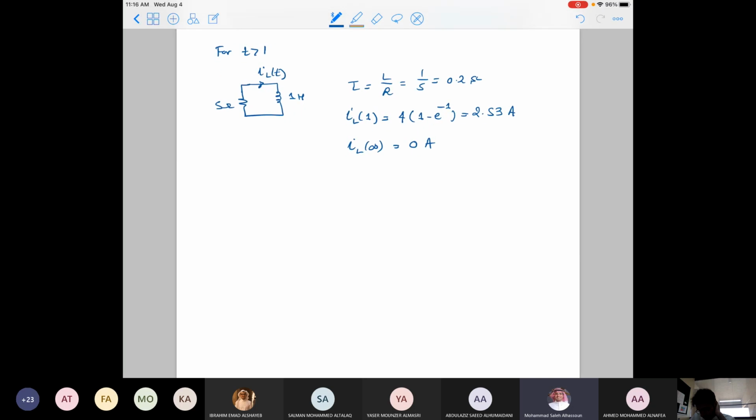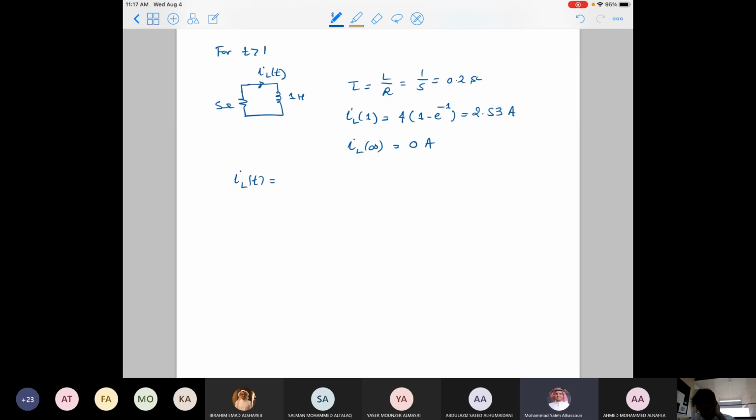Okay, so for the expression for the current, the response for t greater than 1 is actually a natural response, but I will not consider this as a special case.